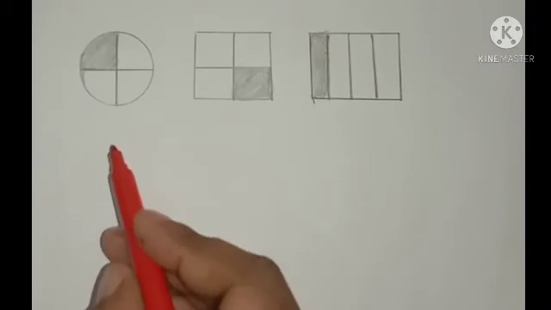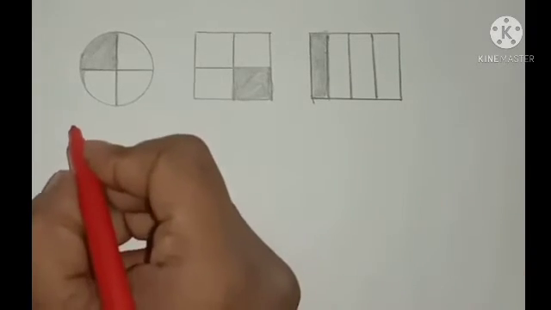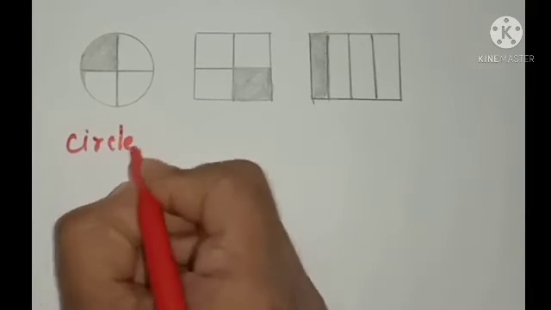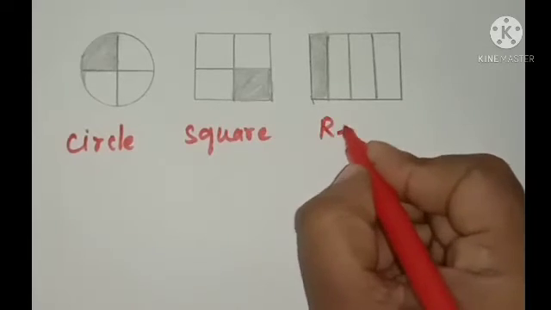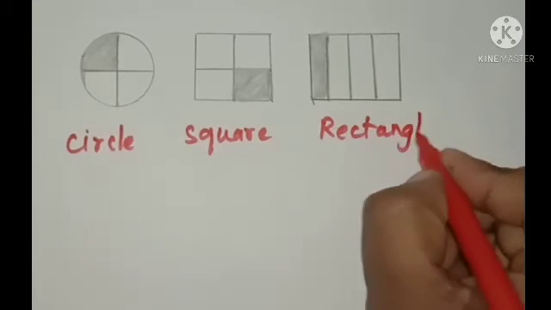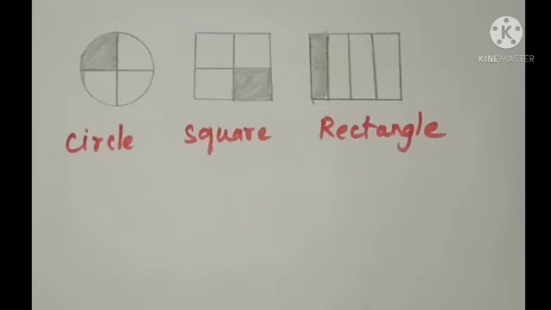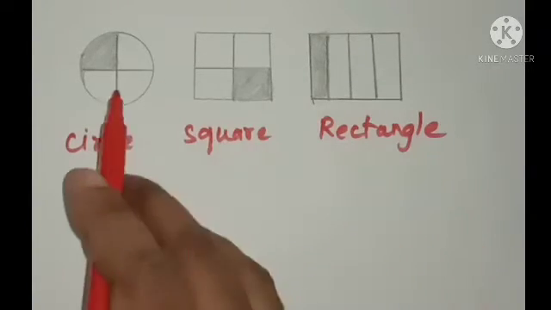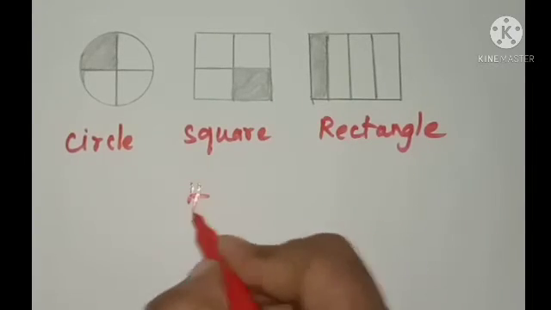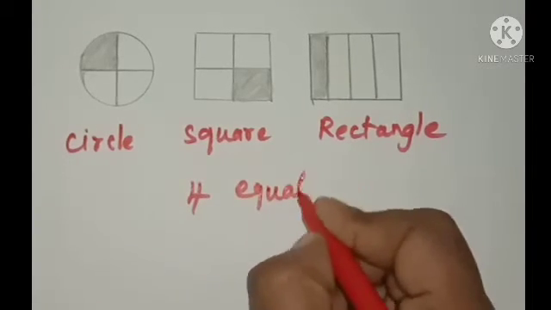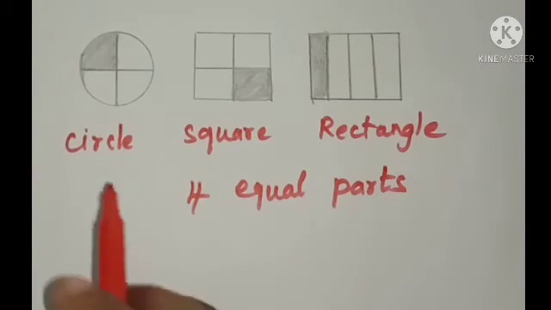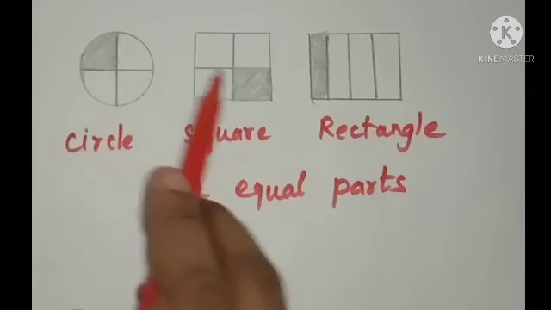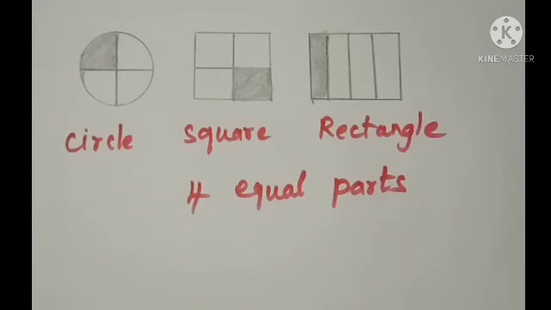Then here the given shapes are circle, square and rectangle. Here listen carefully. The 3 shapes are divided into 4 equal parts. 4 equal parts. And listen, how many part is shaded?